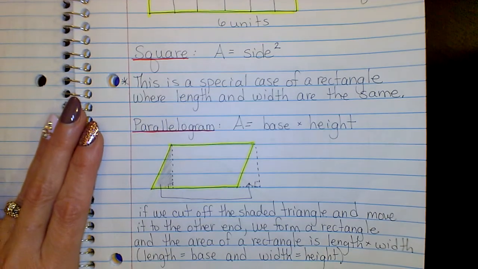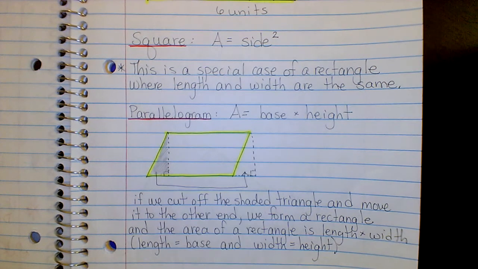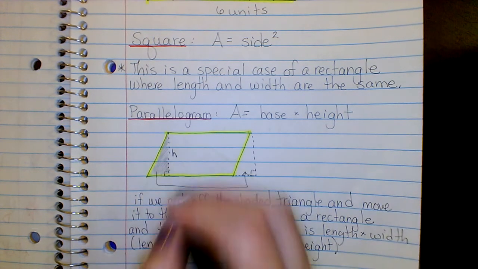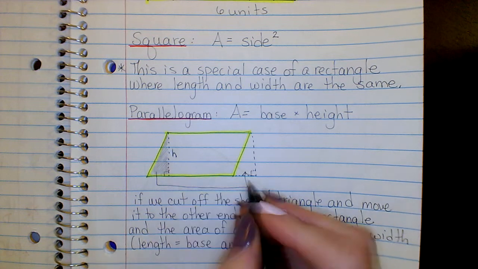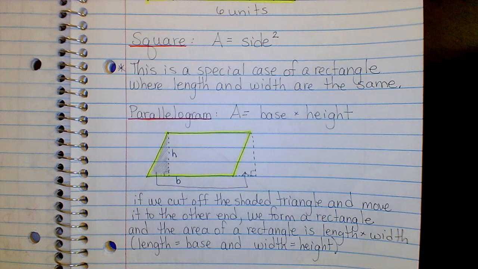A parallelogram. Now a parallelogram, the area of that is base times height, right? So where this is your height, and then this part down here is your base. Why is that?